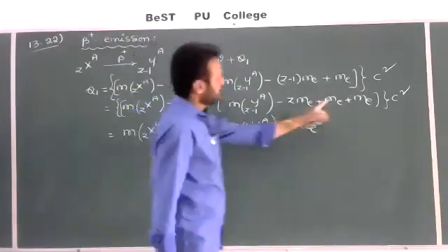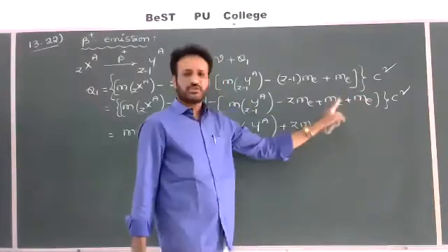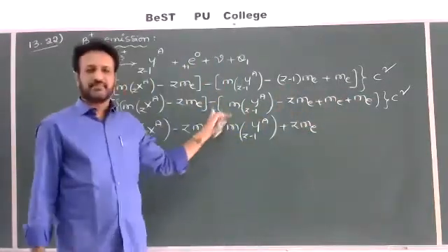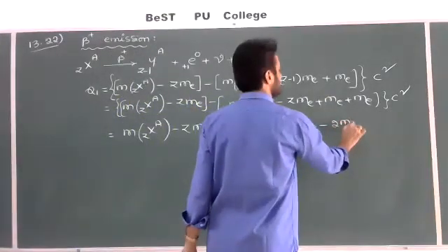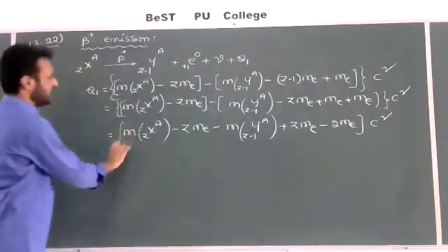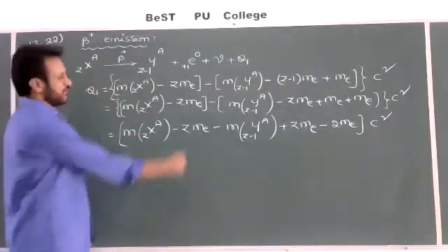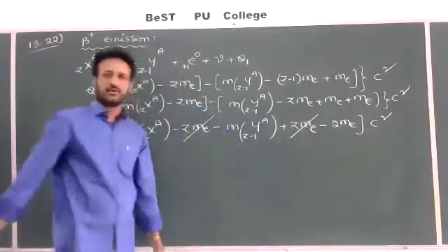Next, here plus Me is equal to plus 2Me. Here it is a plus 2Me but here minus is there. Minus of plus is equal to minus 2Me into c square. Any cancellation? Minus ZMe plus ZMe both get cancelled.